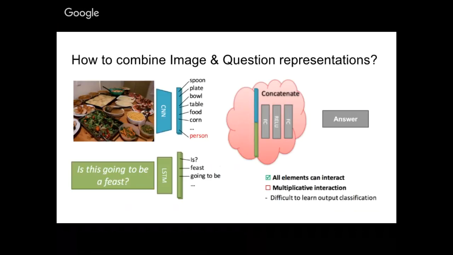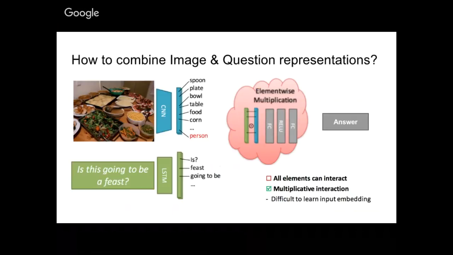But there is no multiplicative interaction between the elements of the image and the question, so it's difficult to learn the classification. Another possibility would be to apply an element-wise multiplication, which gives a multiplicative interaction, but not all elements interact with all elements in these vectors.